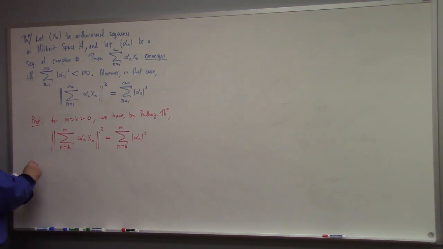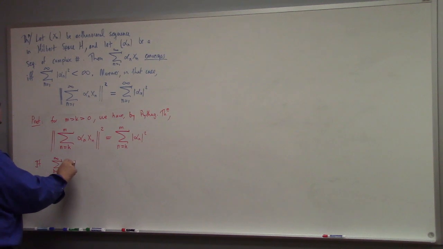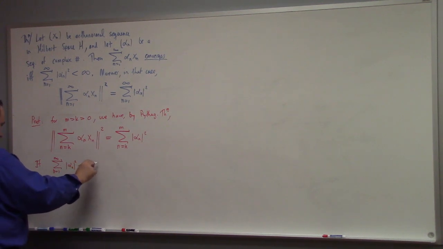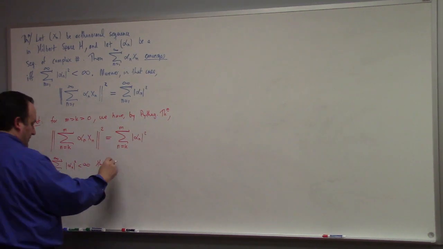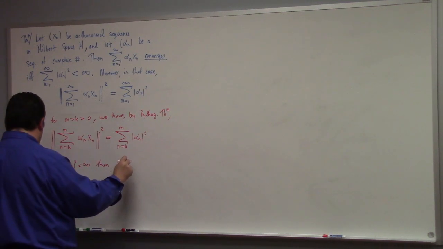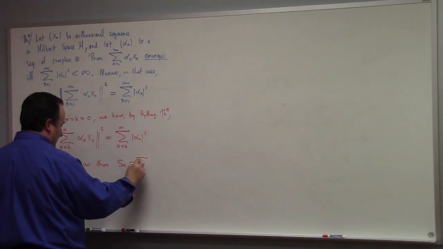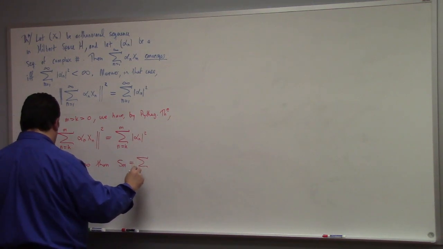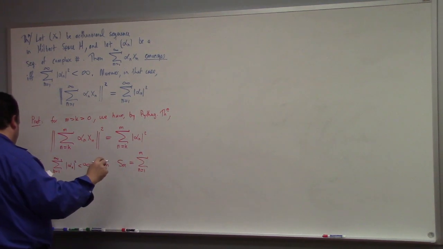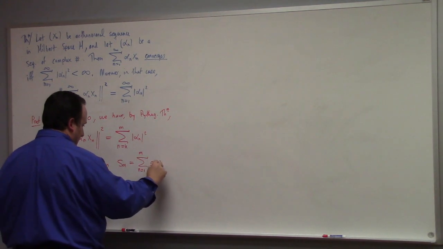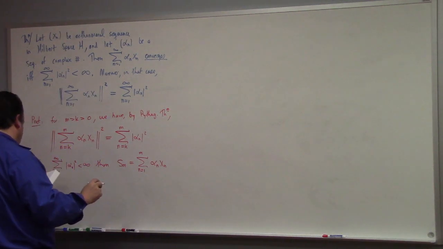Okay, so then if the series n equals 1 to infinity of alpha n squared is less than infinity, then we have that this Sm, equal to the sum n equals 1 to m of alpha n xn, is a Cauchy sequence.